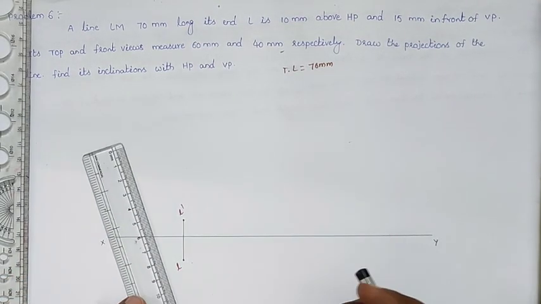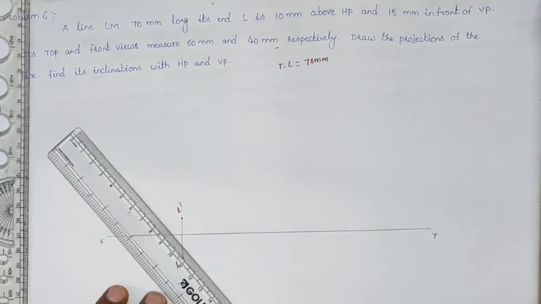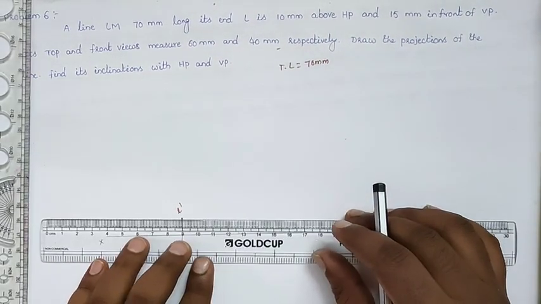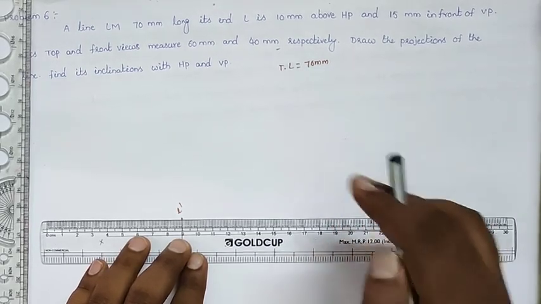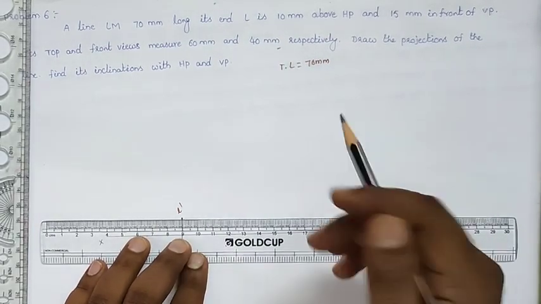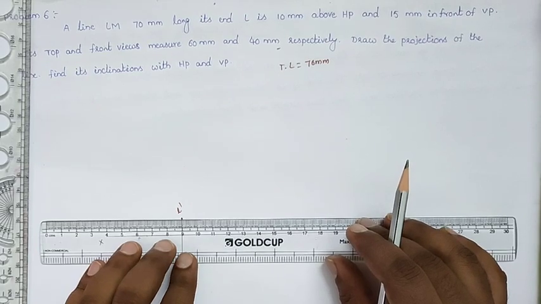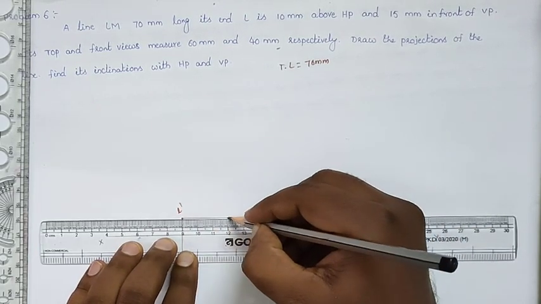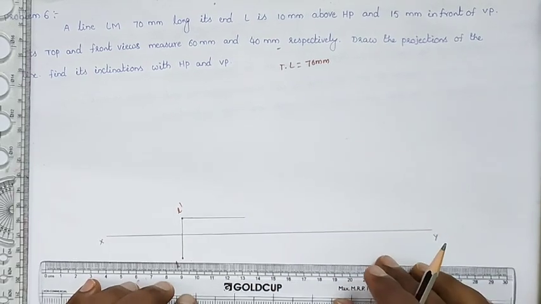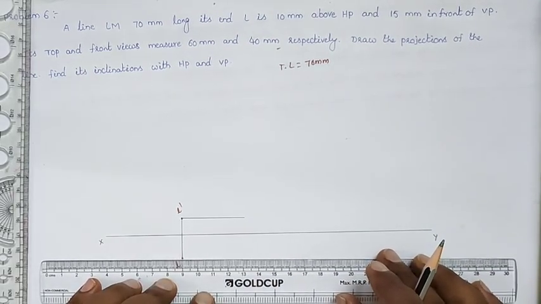So they are giving the top view length and front view length. The front view length should be 40 and the top view length should be 60. You can draw the front view length and top view length in a horizontal manner.